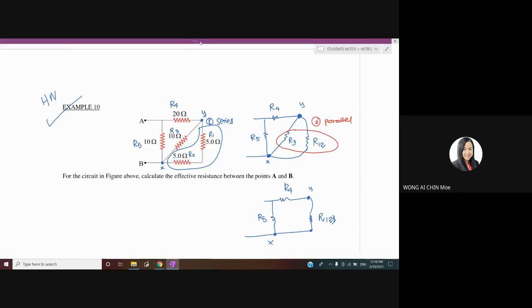So after you simplify, you will get this diagram.